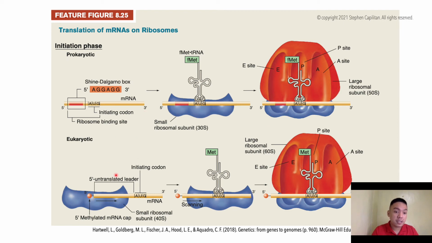However, in the eukaryotic cell, it must have a methylated mRNA cap and an untranslated leader before it starts with an initiating codon. It scans through and reads the same process, passing through the large and small subunits. The anticodon of the tRNA will read the codon found in the mRNA, then it will be reading the methionine.